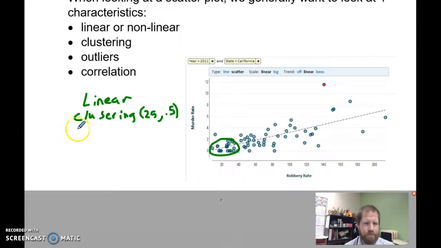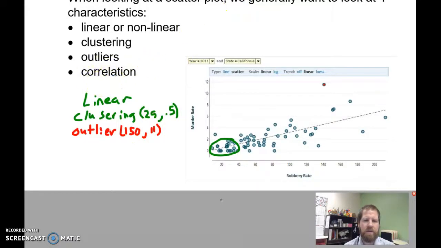Okay, so outlier at 150 and 11. Okay, and if you had a couple outliers, you wouldn't necessarily have to put them all down here, but depending on the question, you might have to identify a couple of them.